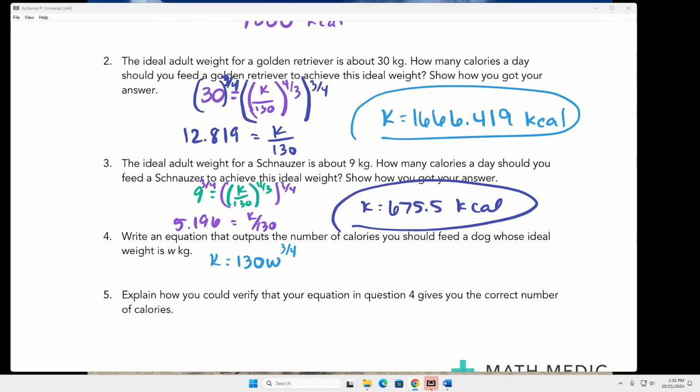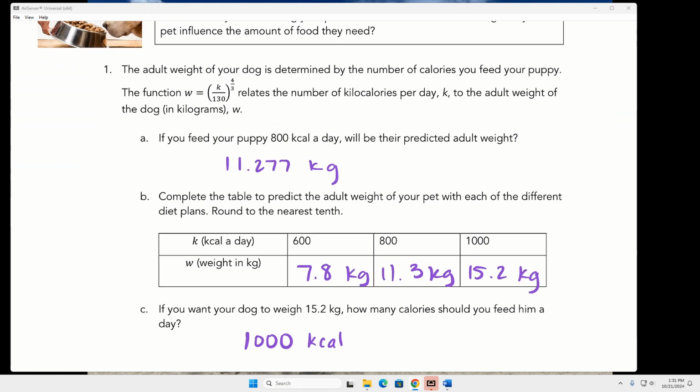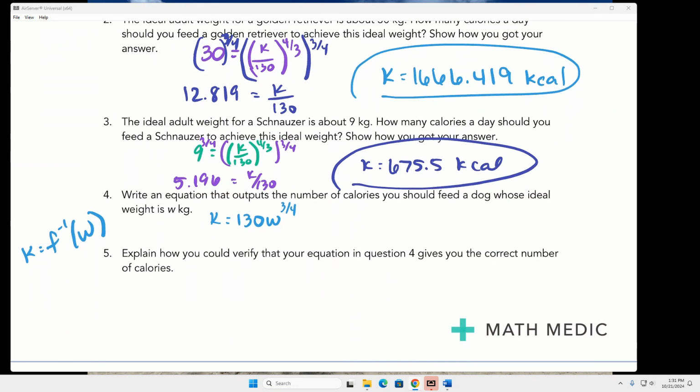All right, so that K function is actually the inverse of the F function that we started with. And so this notation, raising to the -1, is the inverse notation.